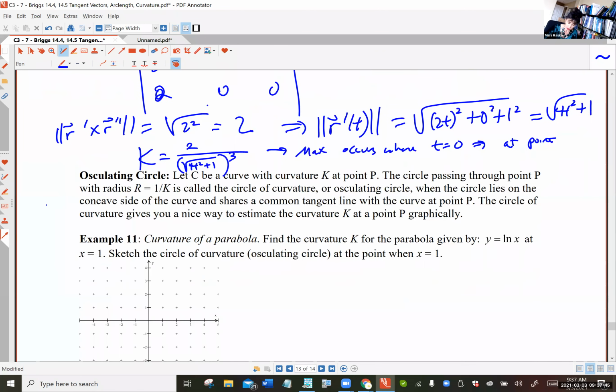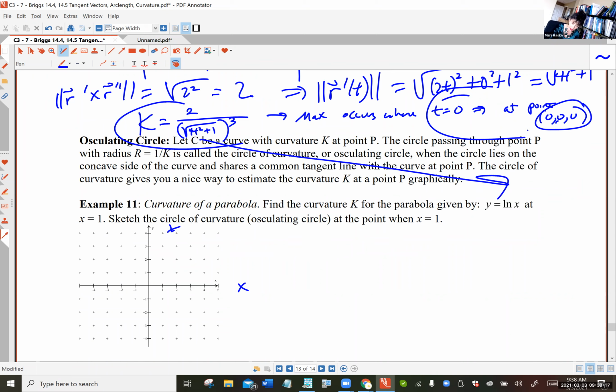Okay, I'm done with that. I do want to say that when t is equal to 0, k will be 2. And if you did look at this parabola we're graphing, I want to show you something.